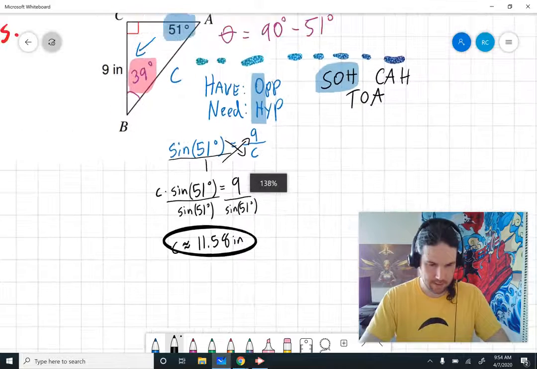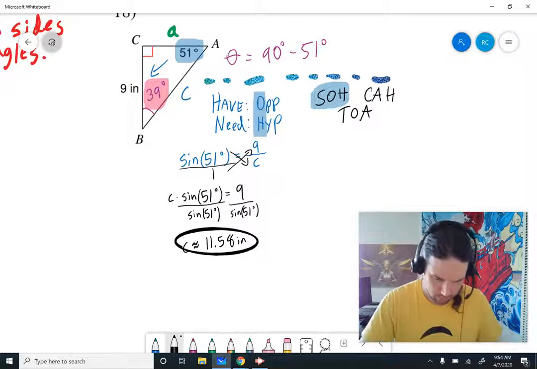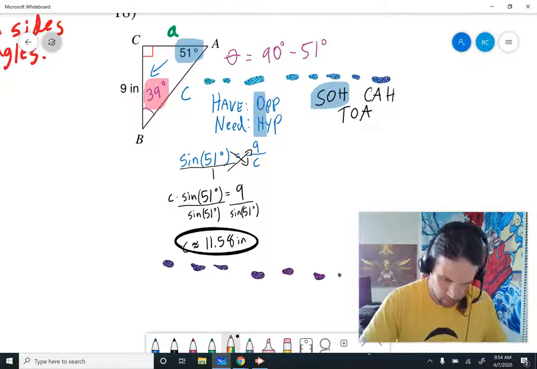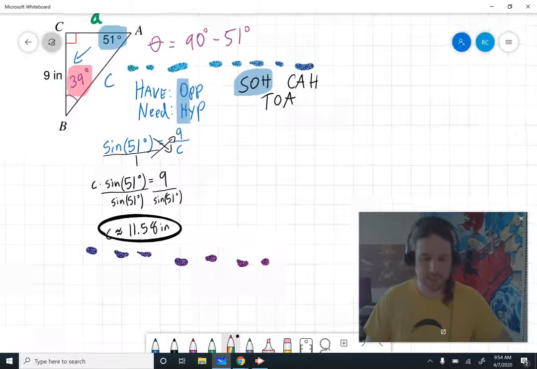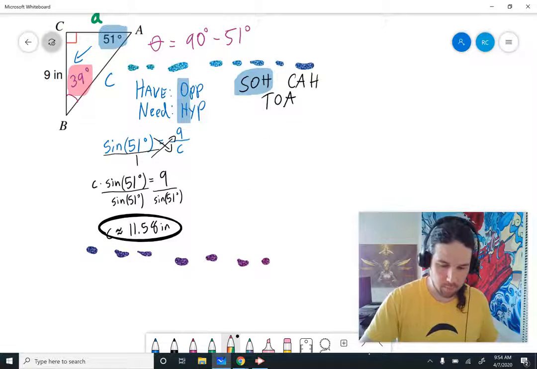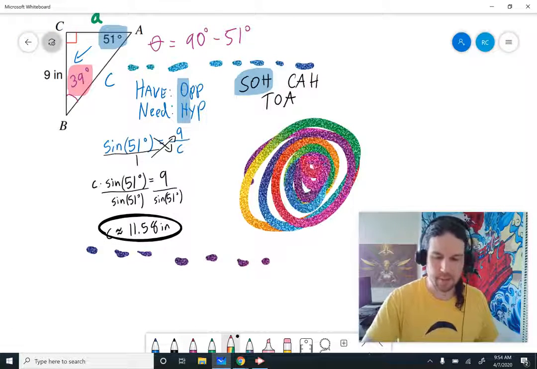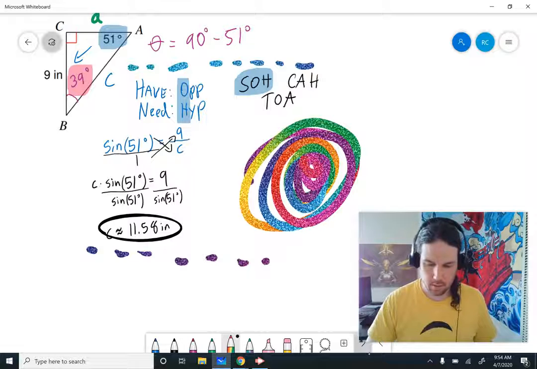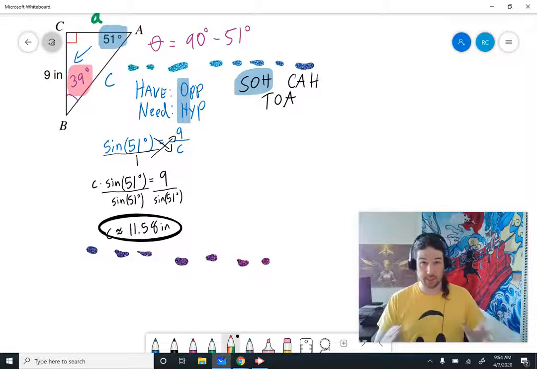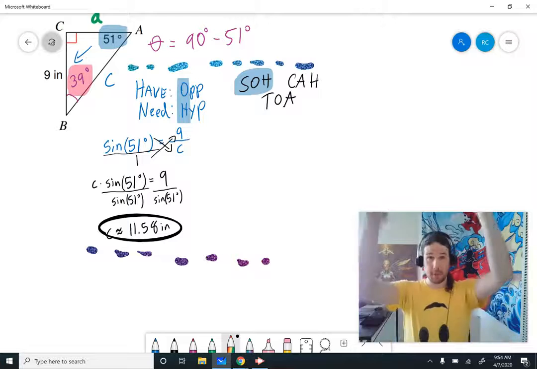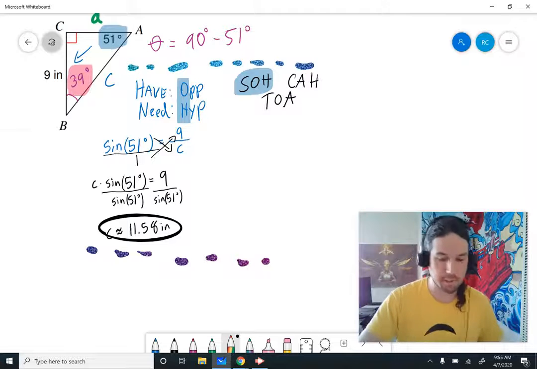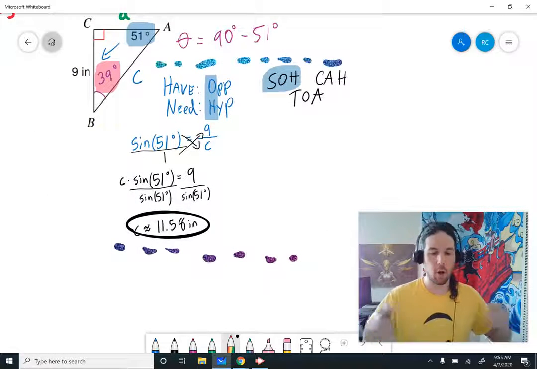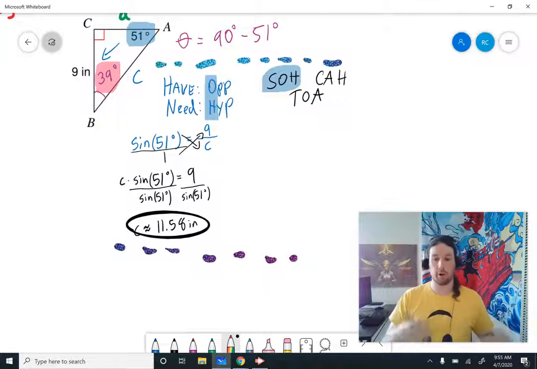All right, we've got C. Notice how even though I have space over here to the right, I'm not using it. I am going in a vertical column. I want all of my work to be vertical so that I can always tell which step came in what order.